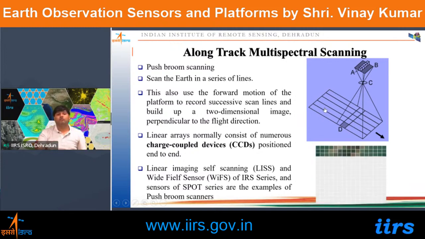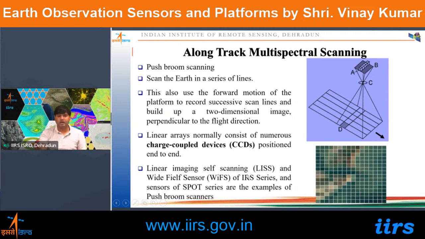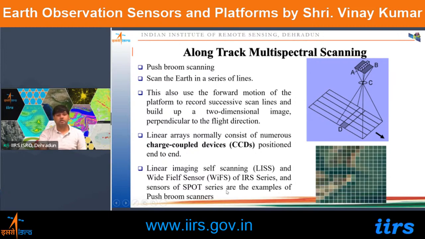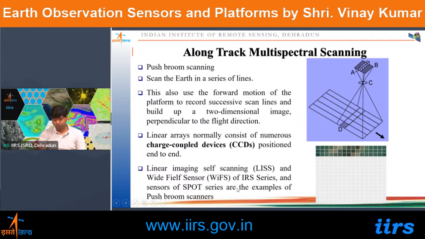So that kind of shifting in the pixel data acquisition will not happen here. Examples of these along-track scanners are LISS and the Wide Field Sensor of the Indian Remote Sensing satellite series, and SPOT series sensors are also examples of push broom.